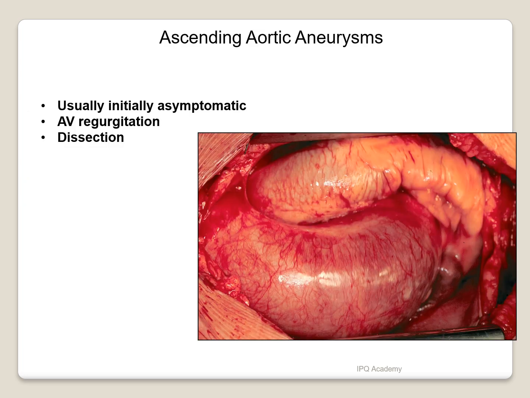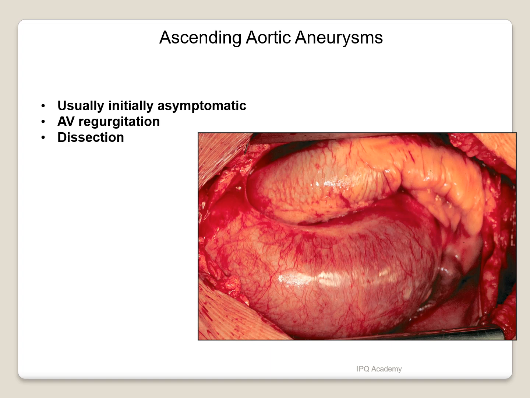The abnormal excessive enlargement in the diameter of a segment of the aorta is called an aortic aneurysm. Ascending aortic aneurysms are common. They're usually asymptomatic.